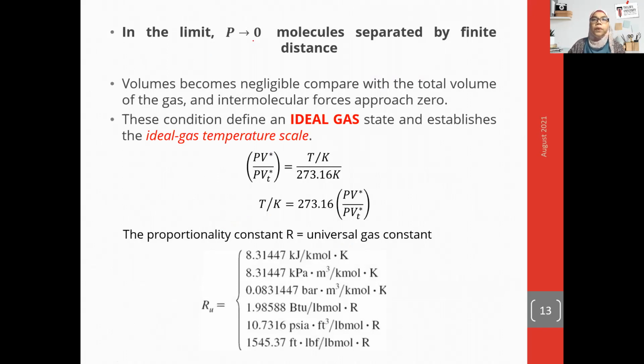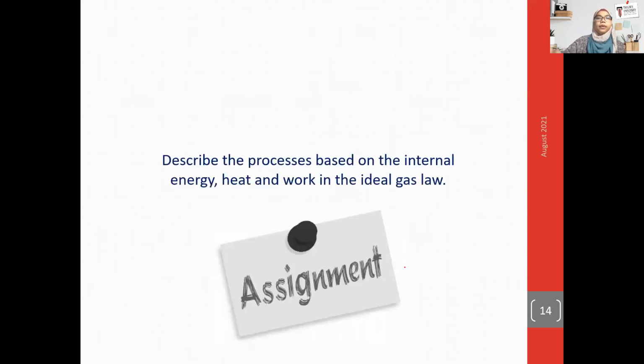In the limit of P going to 0, the molecules are separated by a finite distance, because it starts to have interaction between the molecules. The volume becomes negligible compared to the total volume of the gas, and the intermolecular forces approach 0. This condition becomes an ideal gas state and establishes the ideal gas temperature scale. That's why we have the universal gas constant based on its units.